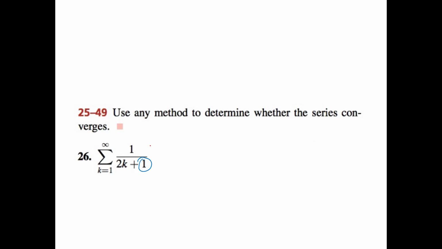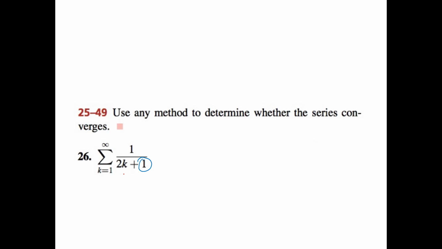So you should get comfortable with the fact that this 1 isn't going to make it converge. This is kind of like the harmonic series, and so then this is going to diverge. The ratio test doesn't do well with these types of problems. The ratio test is good for if you have factorials or exponentials, but doesn't do well with these.